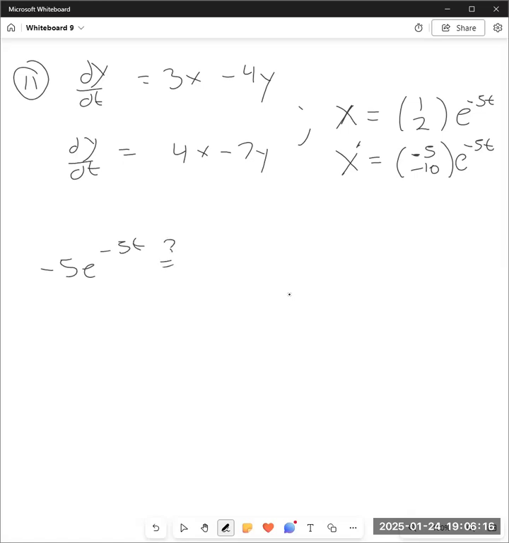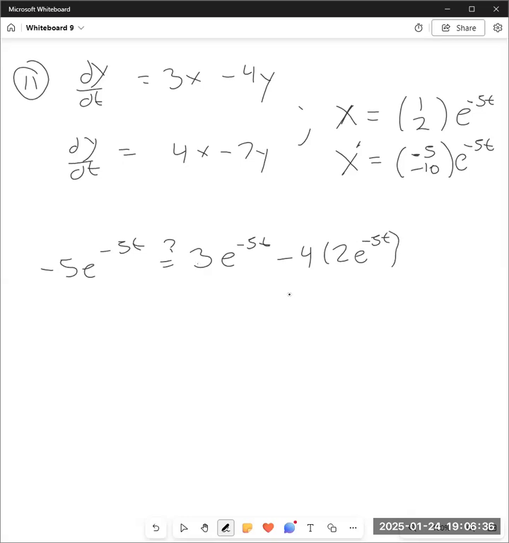Is that equal to 3 times e to the negative 5t minus 4 times 2 e to the negative 5t?